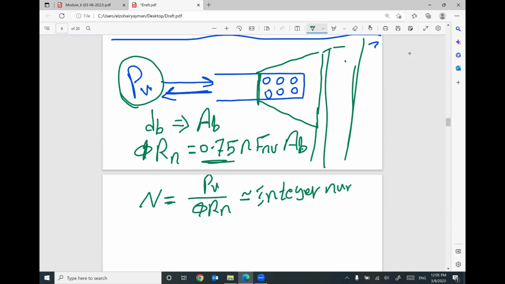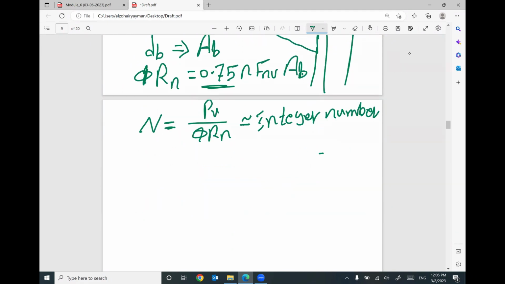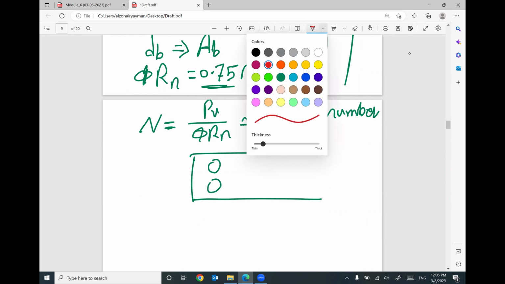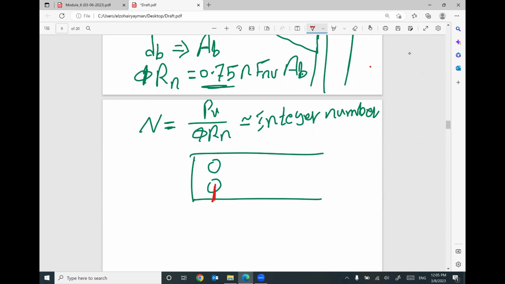And the last meeting, we also had some restrictions about the arrangement of your bolts. We decided that we have a minimum edge distance. We cannot put our bolts beyond this limit. And we also have a minimum spacing between bolts.